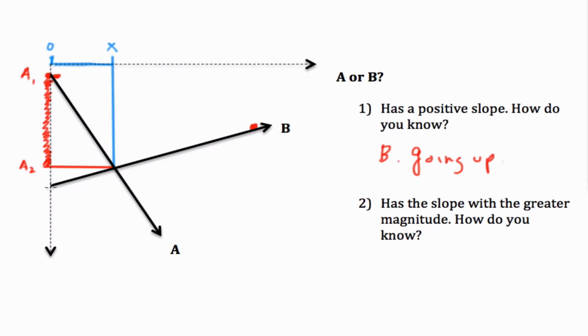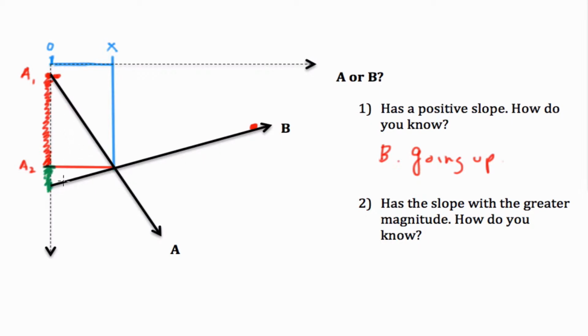Line B started here, and in this interval X, it ended up here. It ended up in the same place that line A did. What distance would that be along the vertical axis in this interval X? This distance.